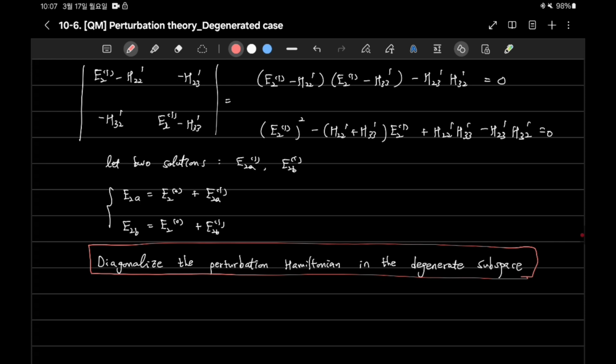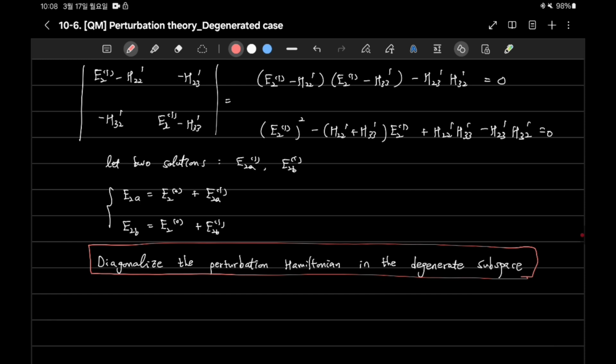For example, n equal 2 and n equal 5 is not degenerate. Degeneracy is not imaginable for states far away. So we can make a 2x2 or n by n matrix, diagonalize the Hamiltonian matrix, and solve the degenerate perturbation theory.